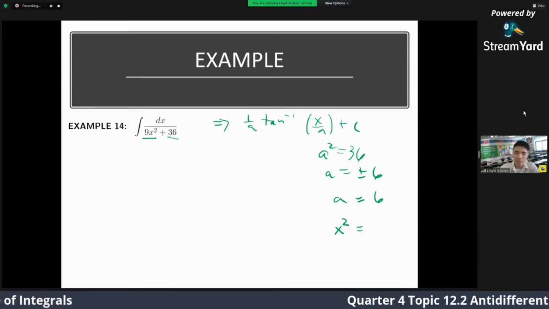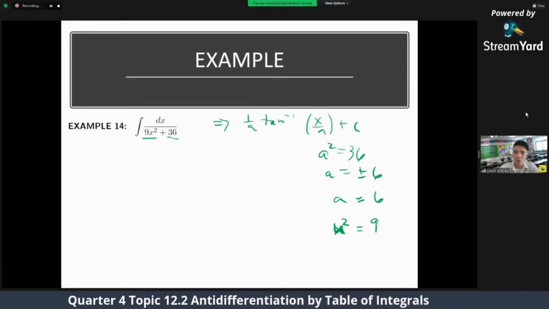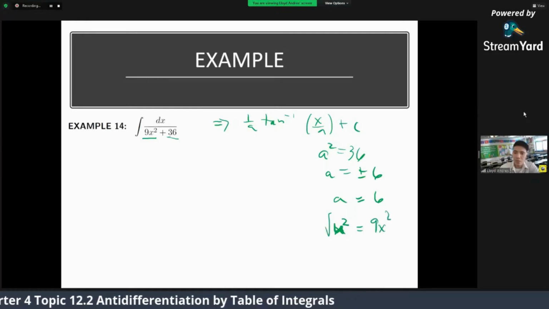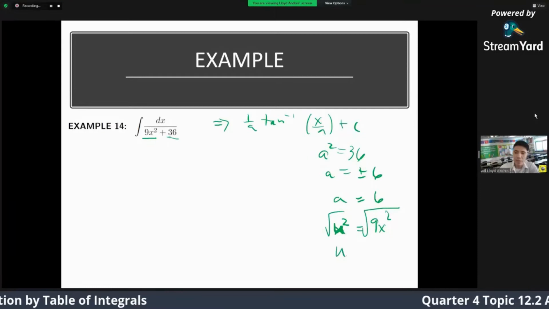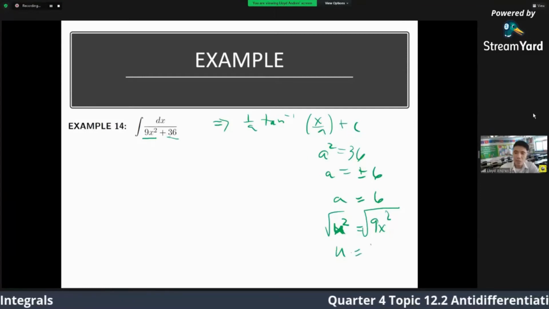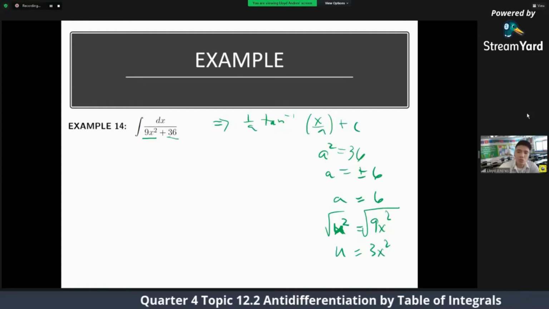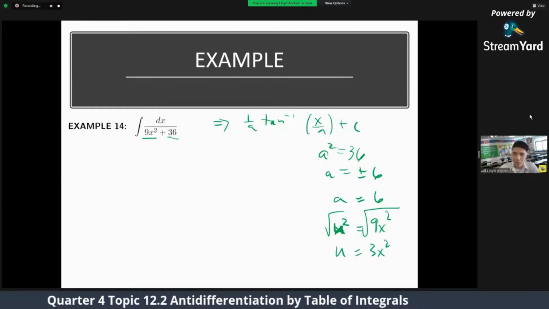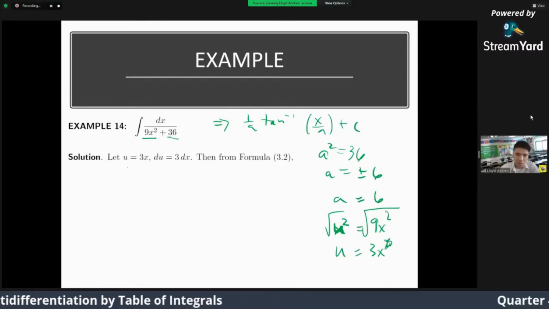Let's say, let u na lang na sa u squared. So, mo nang 9x squared. So, square root both sides na, this is u, and this is 3x squared. So, motong 3x na lang by the way, 3x. Motong nag-let u siya as 3x.